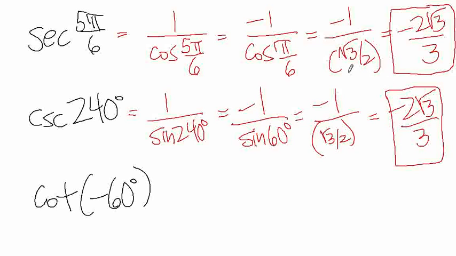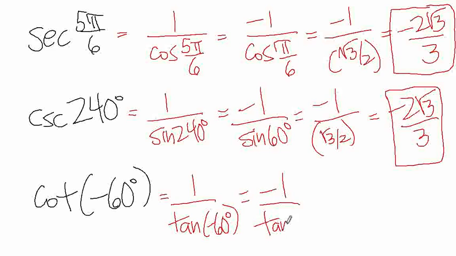And then the last one, the cotangent of minus 60 is equivalent to the reciprocal of the tangent of minus 60, and the tangent of minus 60 is minus the tangent of 60. And so that gets me to a form that I could now replace with sine and cosine. Of course, I could have replaced the original immediately with sine and cosine.